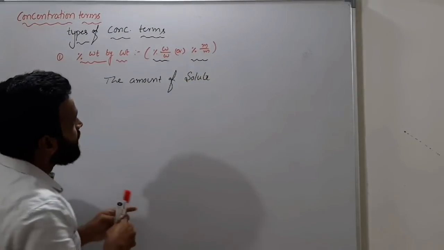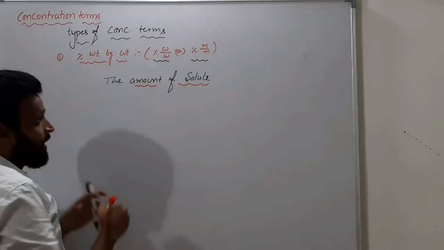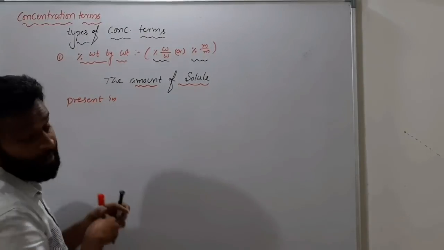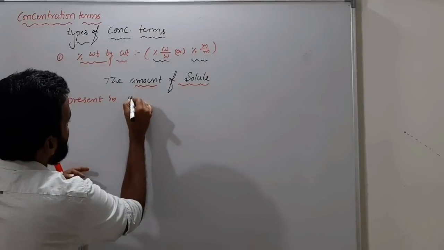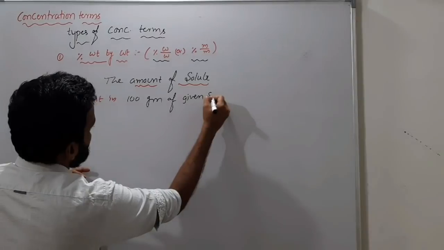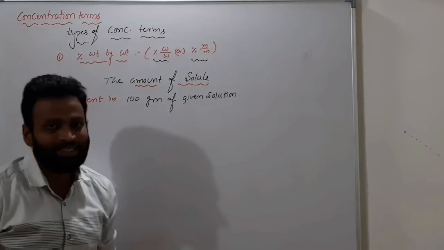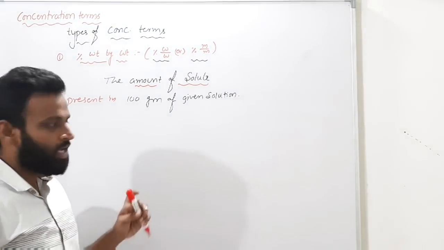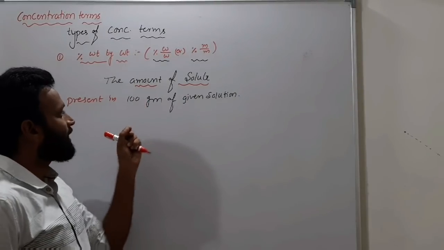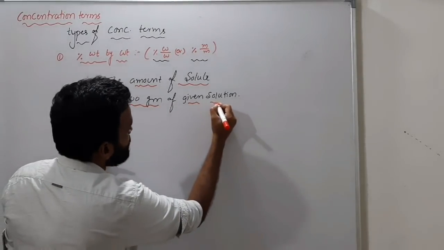What is percentage weight by weight? The amount of solute, that is the weight of solute, present in 100 grams of given solution.